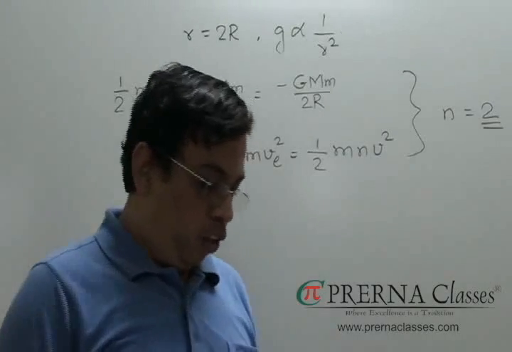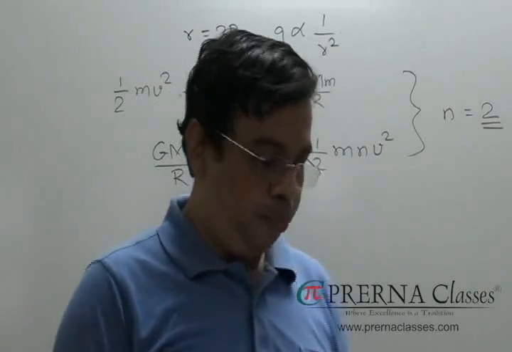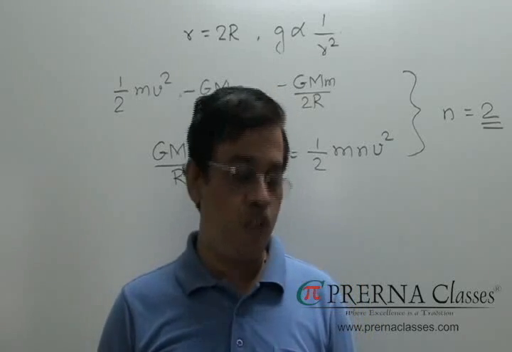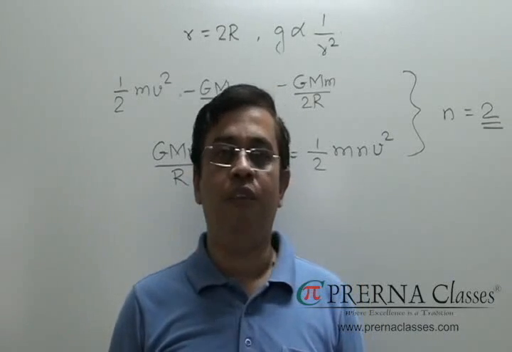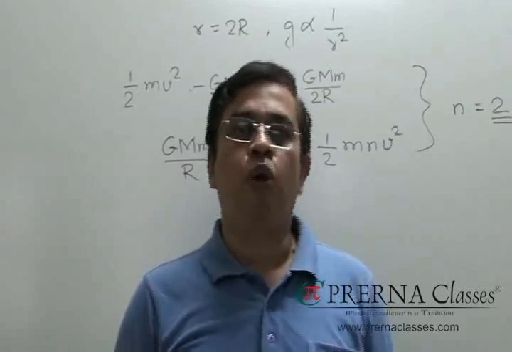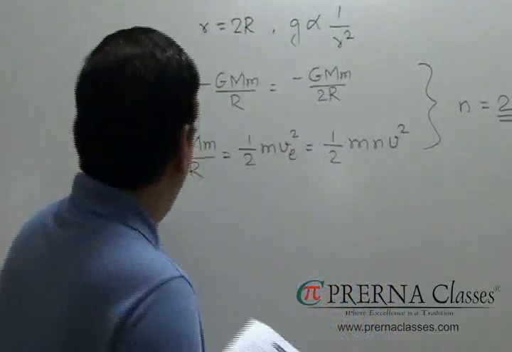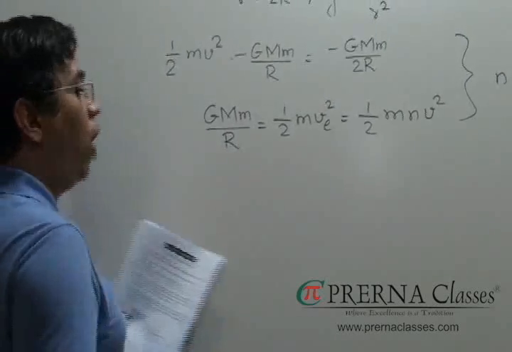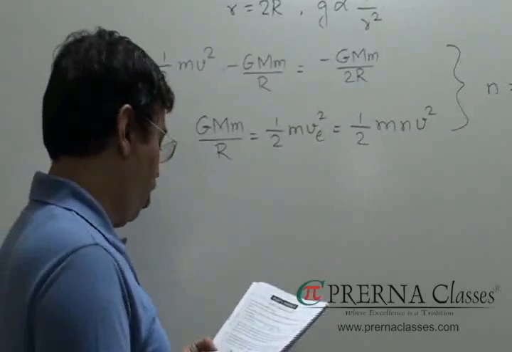The second question talks about two uniform disks which roll down without slipping along two inclined planes to reach a lower level. We know that when a body is rotating and moving ahead, it is going to have rotational and translational kinetic energy.